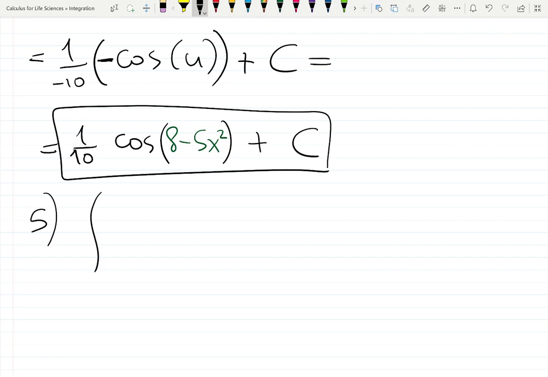If you have the integral of something completely not related, so x sine x dx, those functions have no relationship. That's how you know u sub is not going to help you. The derivative of one of these did not give you anything looking close to the derivative of another one.